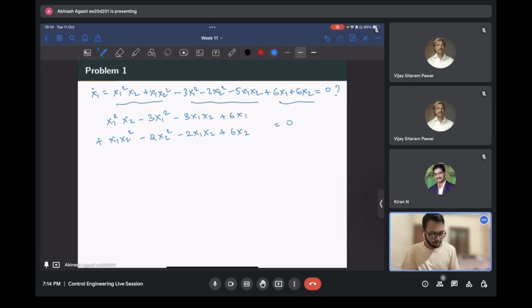Okay, so if you look at the first upper line, then we have something like x1, let's take x1 common: x1, x2 minus 3x1 minus 3x2 plus 6, right? Then here plus x2 common, x1, x2... just a minute.